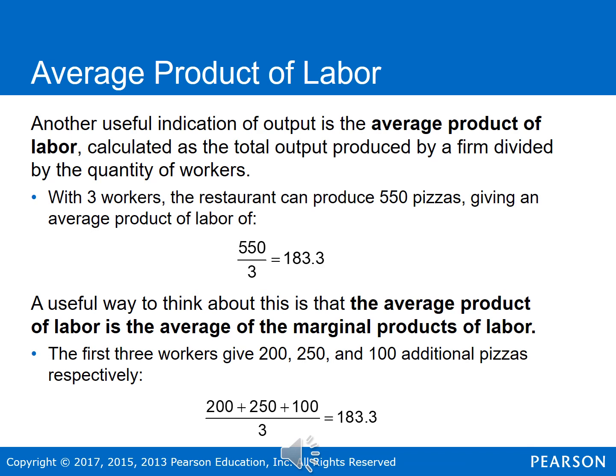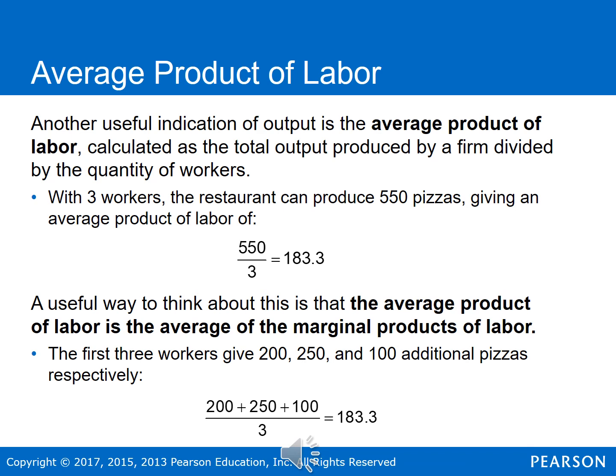If we look at the average product of labor for 2 workers in this case, you can see it's 225. It's 200 plus 250 divided by 2, 225. It's greater than 183.3. So when we have 2 workers, the average product of labor is greater than the average product of labor when we have 3 workers.